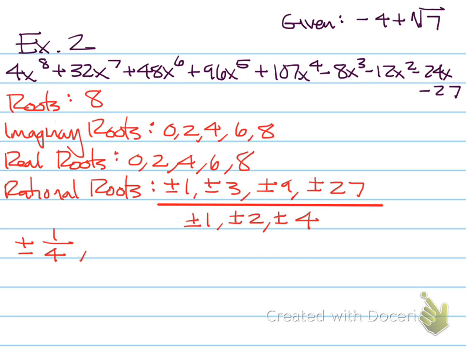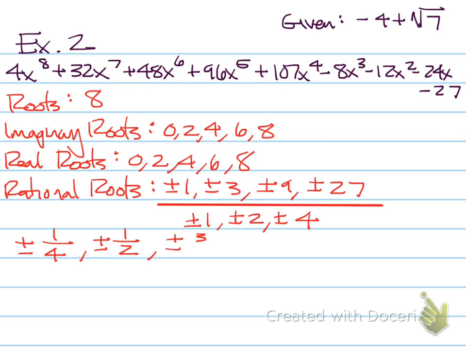Then we go from the biggest denominator to the smallest denominator, and we do the opposite in the numerator, going from the smallest number to the biggest. Alright, so we have 1 divided by 4. We have 1 divided by 2. Now we're going to skip the 1 and go to the next factor in the numerator, which is 3.